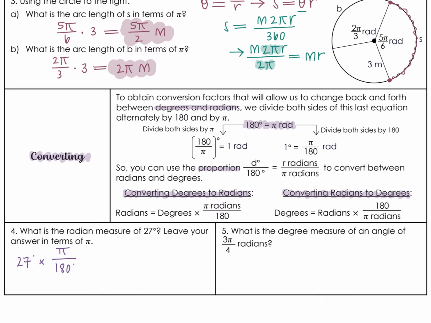And then I'm just going to multiply. So I'll get 27 pi divided by 180. To make sure that this is my final answer, remember you want to see if you can reduce that fraction. 27 and 180 are both divisible by 9, so this should reduce down to 3 pi over 20. And then we'll have that radian or rad on the end since we are converting to radians.